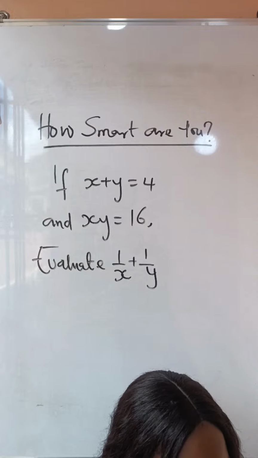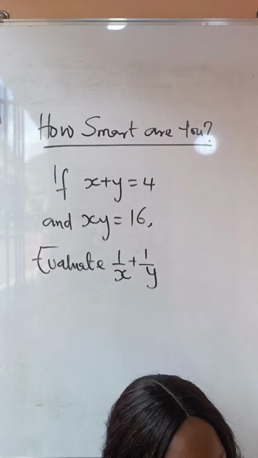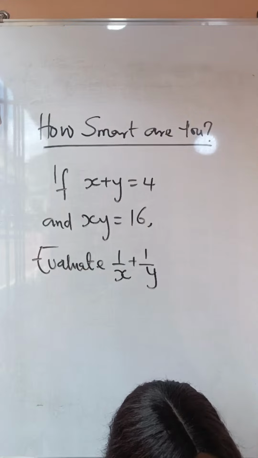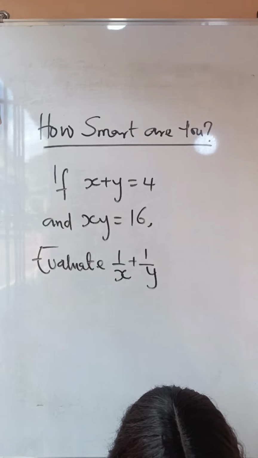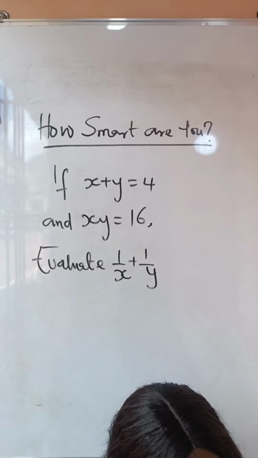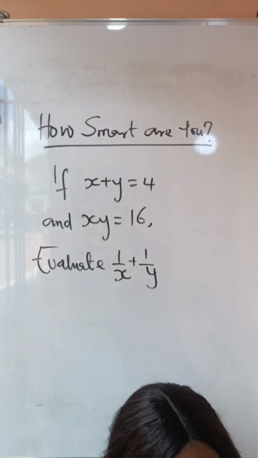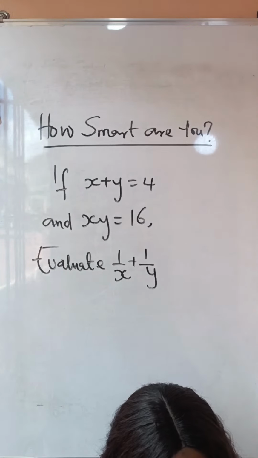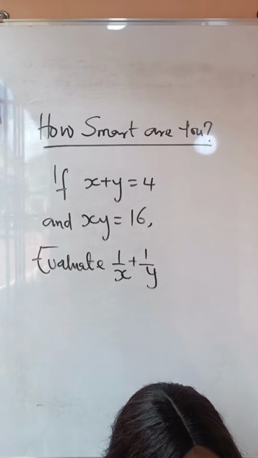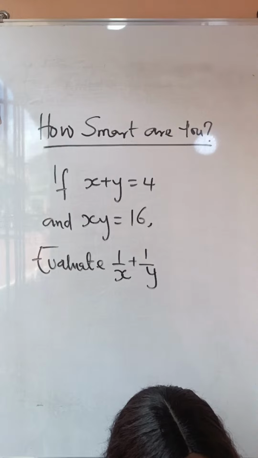I've given you a heads up, guys. You can do this. No one has answered the question. Like I said, evaluate first. When this kind of question is asked, the first thing you should do is to look at what they ask you to do. Do that first. For them to give you x plus y and also give you x times y, it simply means that if you evaluate 1 over x plus 1 over y, it's going to give you something.